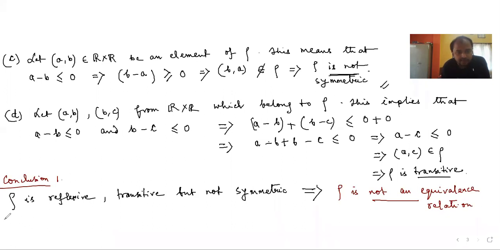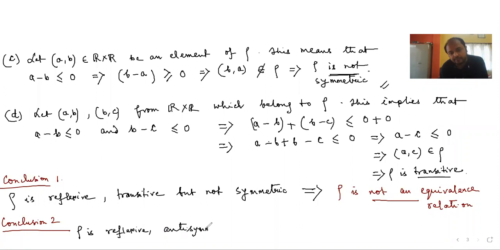Conclusion number one. My conclusion number two is that rho is reflexive, antisymmetric, and transitive.